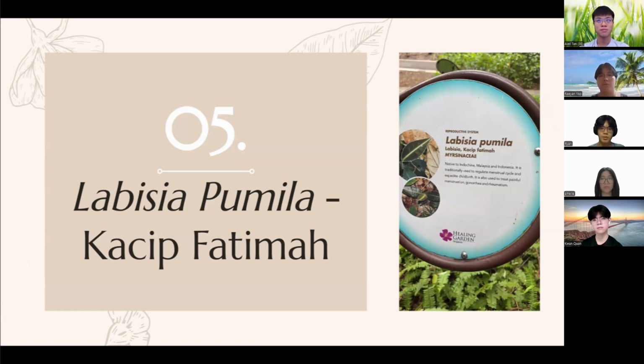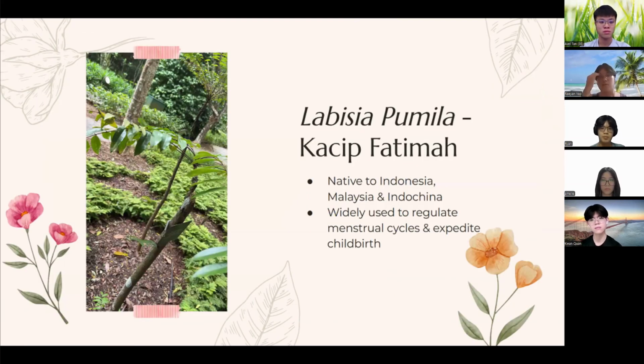Okay. Thank you, Evo. Now I'll be talking about my plant, Labisia pumila, otherwise known as Kacip Fatimah. Labisia pumila is a plant that's native to Indonesia, Malaysia, and Indochina, and its roots and leaves are widely used to regulate menstrual cycles and expedite childbirth.